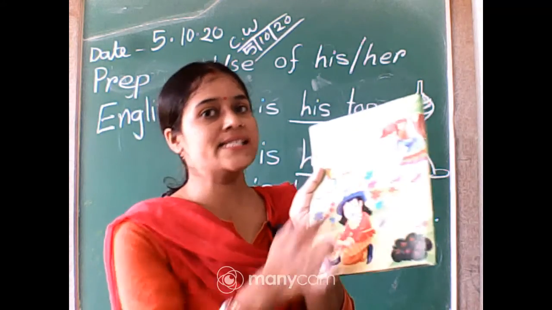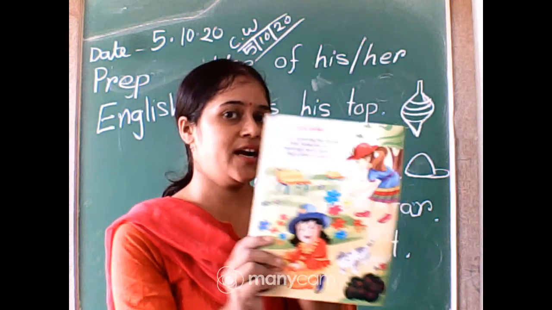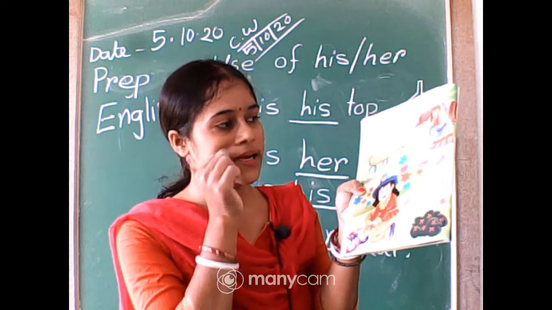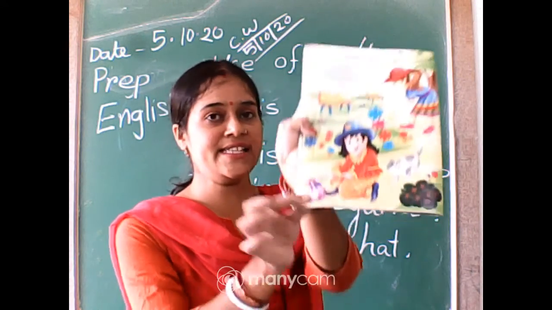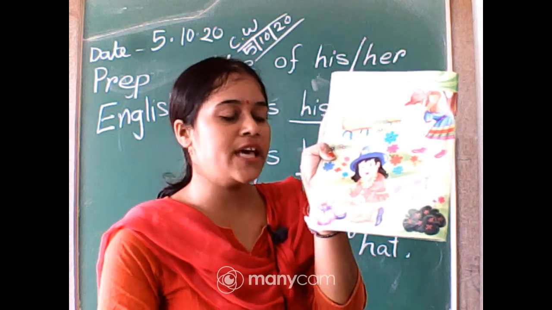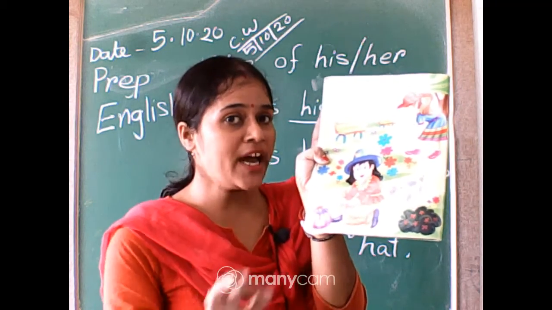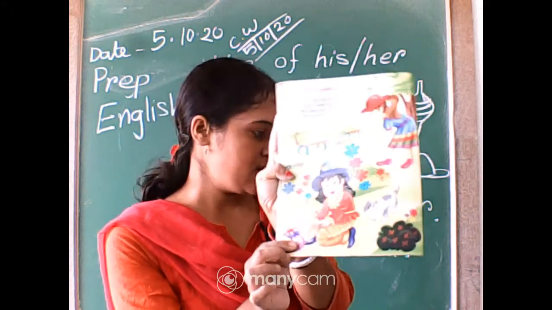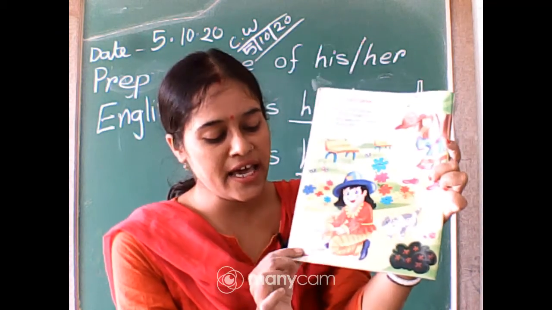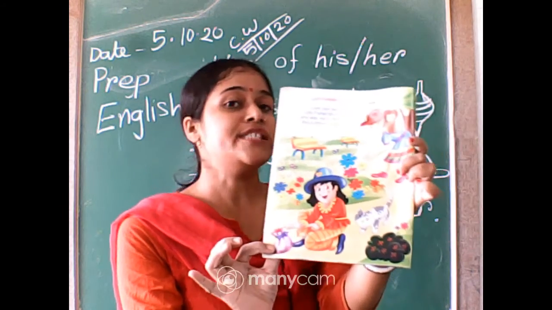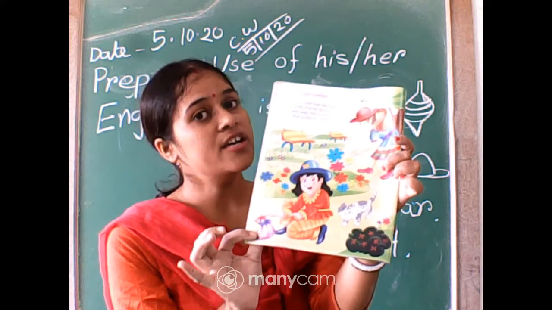Two girls are there. Okay. So now answer me. It is a pocket. So what will we use here? It is his pocket or her pocket. Okay, they are girls. So what will we use here? His or her. No need to write it in your notebook. Just write the answer in the chat box.